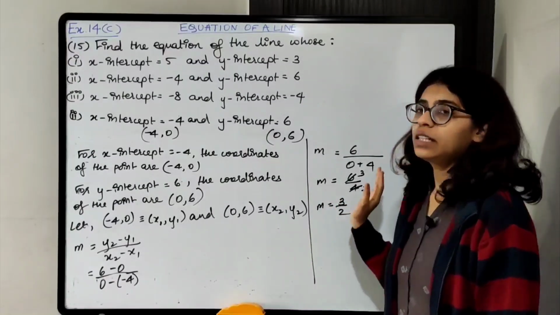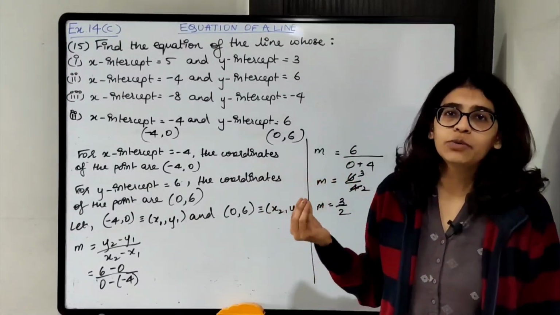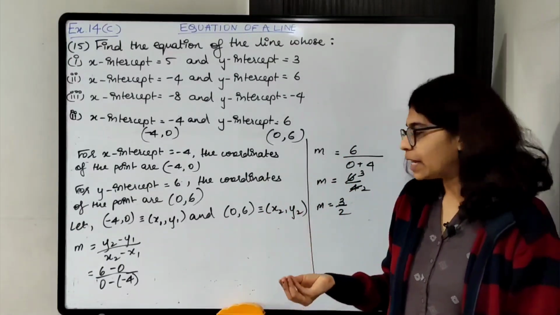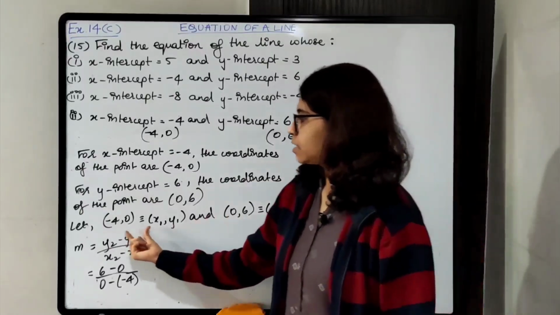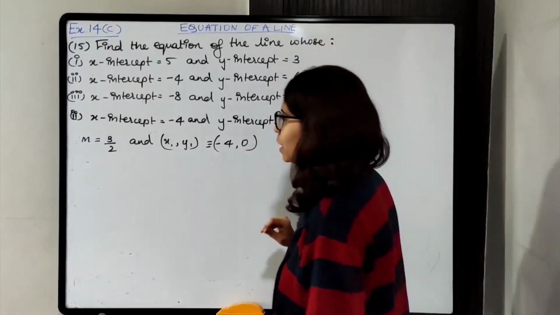Now we'll find the equation of the line using the two points form. Y minus y1 is equal to m into x minus x1. Just put the value of m and x1, y1. Okay. We have all the information. Let us find the equation of the line.